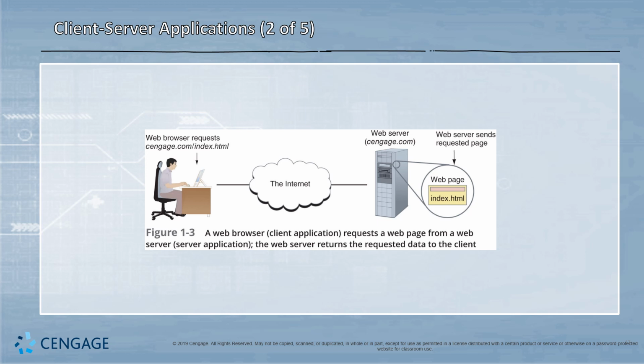That web server tied to that domain name will go ahead and verify that that web page is present, loads a copy of it into a series of what are called frames, and then sends it back across the internet to return to that web browser. So we have the request, we have the transition, we have the receipt, the request is processed, and then responded to. Then it passes back through the internet to the browser in question.